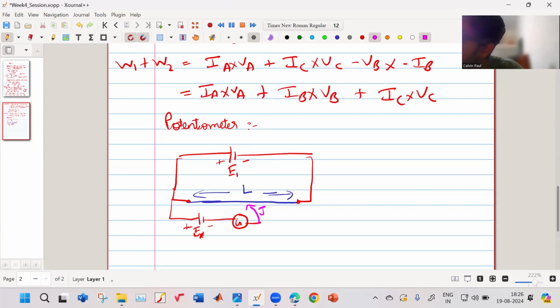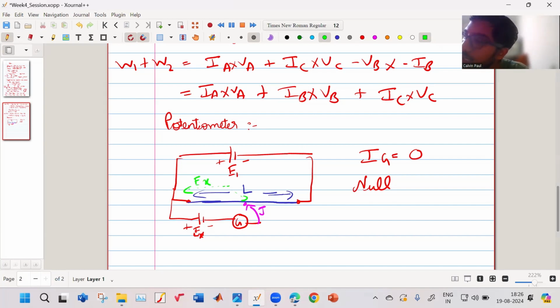At some particular point, the current through the galvanometer will show zero. That is known as your null condition. When the null condition is reached, it means that from here to here, it is this voltage Ex.